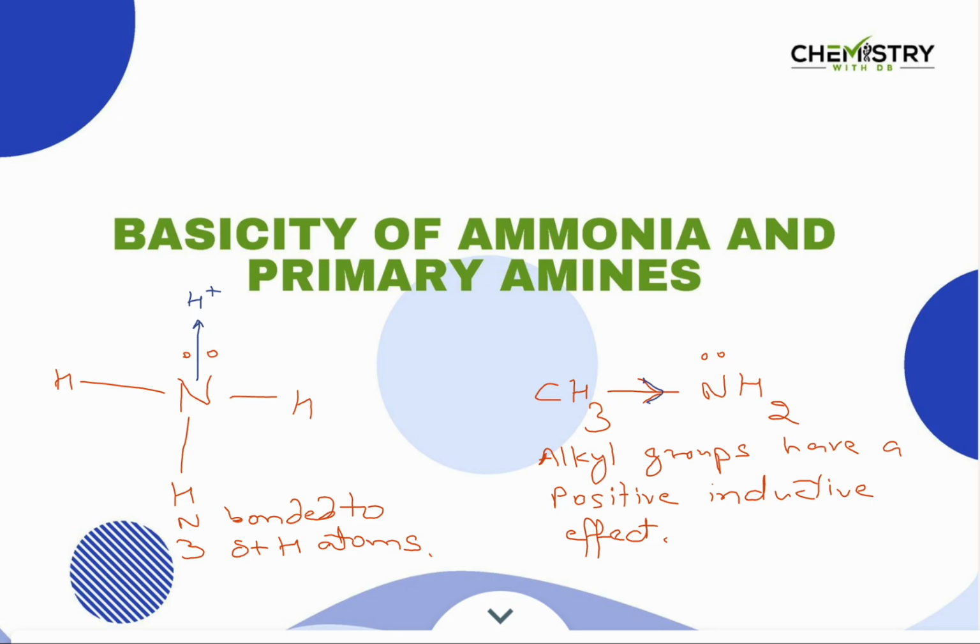As a result, the lone pair becomes more available to gain a proton more easily. No such positive inductive effect was there in ammonia. So we can see that ammonia is not as basic as a primary amine.